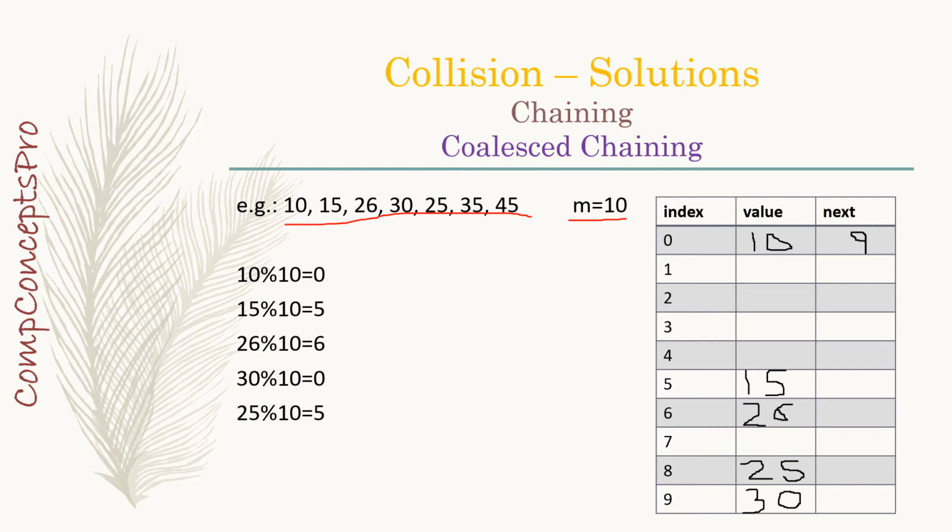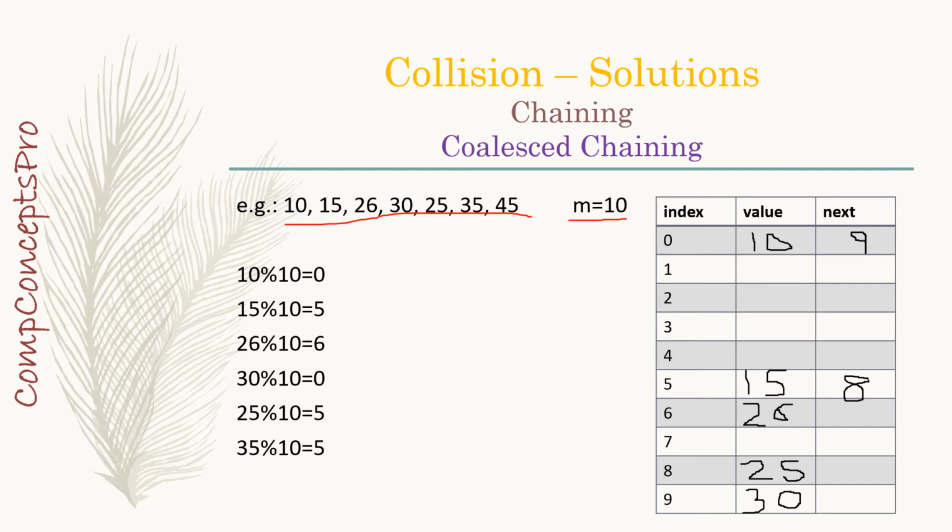Now this index position 8 we have to store here, because whenever we search for the key value 25, we'll go to the index value 5, but the actual key is 15. So we'll look in the next column and we'll come to index position 8 to see that 25 is actually stored here.